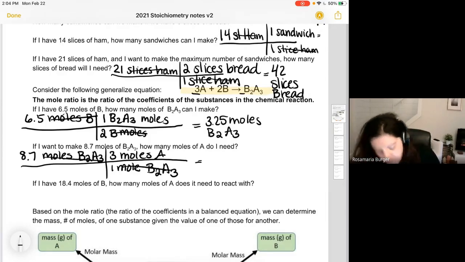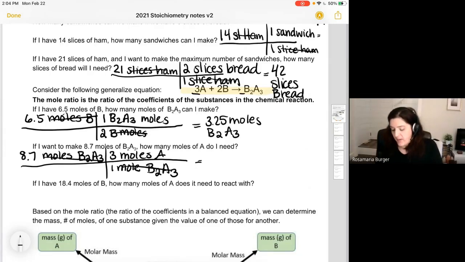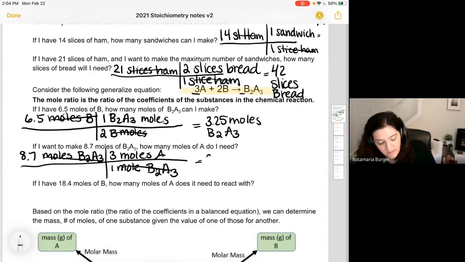So it'll be 8.7 times 3, which is 26.1 moles of A.